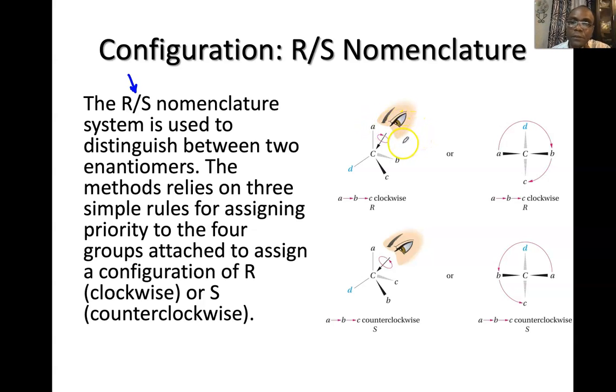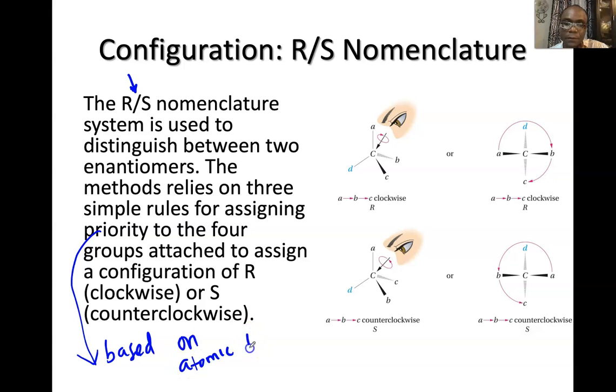Now, here we use R and S nomenclature to define isomerism and distinguish between two compounds and define whether they are R or S. We do so by assigning priorities of the groups based on atomic numbers in the periodic table.